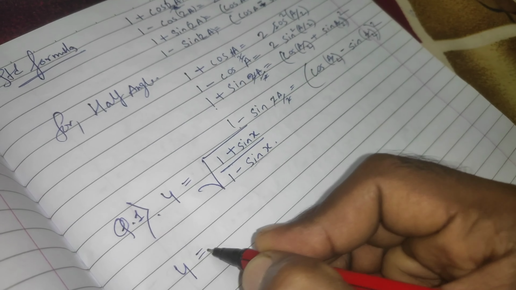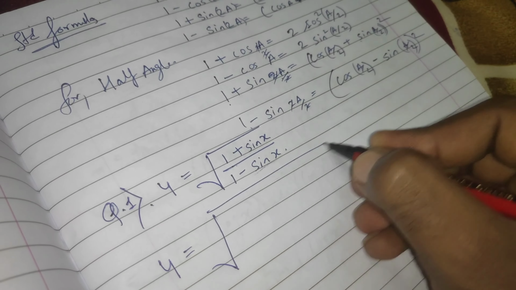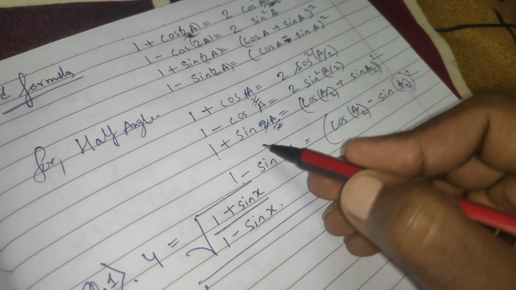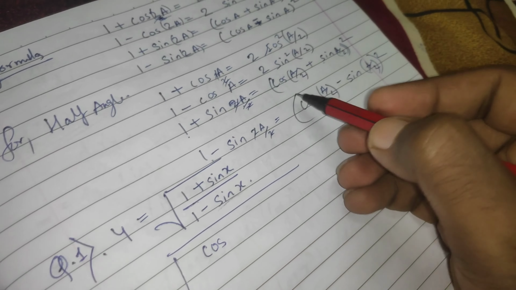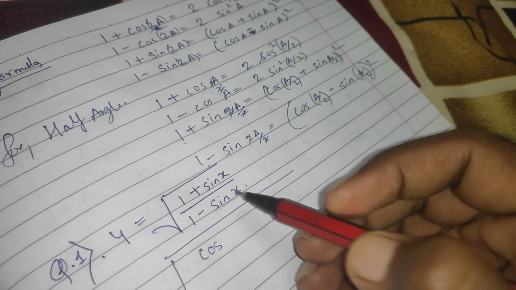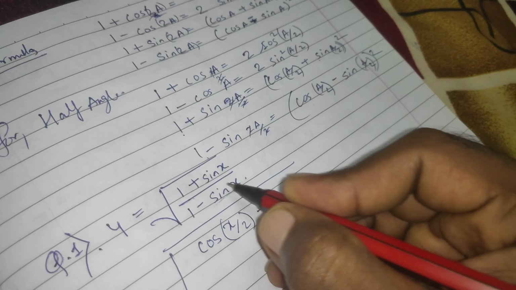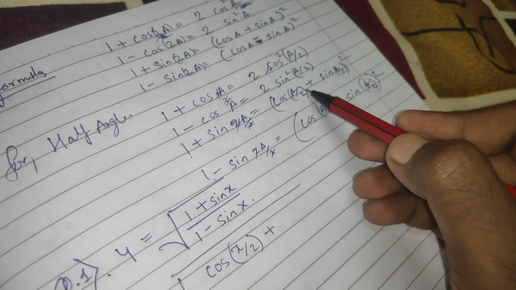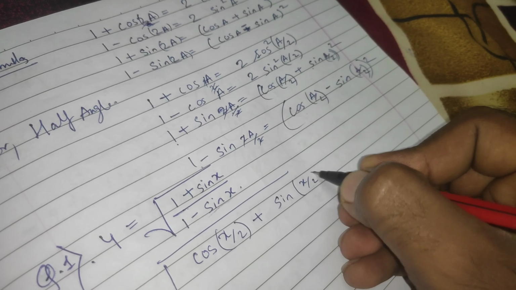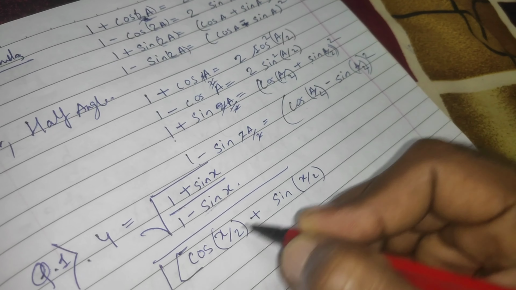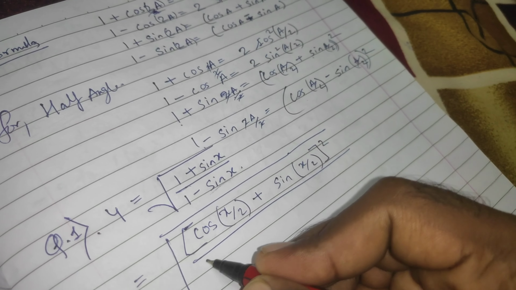So y equal to, put this square root as it is, 1 plus sin a is this formula. So put this cos a by 2, here a is x, so x by 2 plus sin x by 2, the whole square, divided by 1 minus sin x.